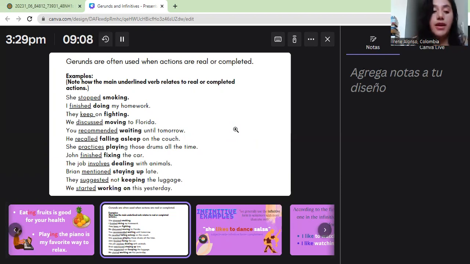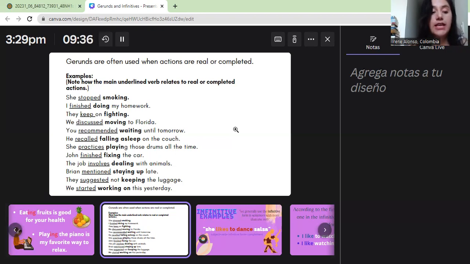Something that already happened. He recalled falling asleep on the couch. She practices playing those drums all the time. John finished fixing the car. The job involves dealing with animals. Brian mentioned staying up late. They suggested not keeping the luggage.